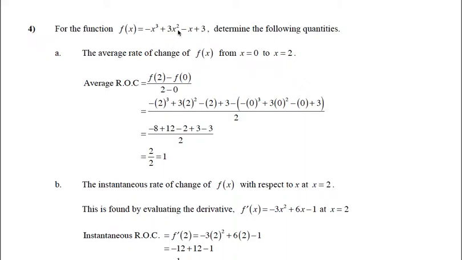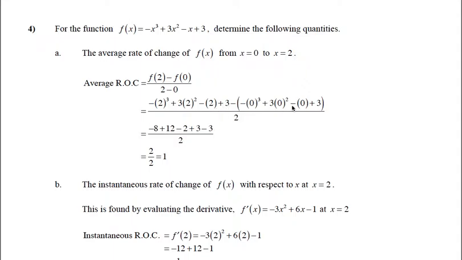Once you've squared this value, then you multiply it by 3 and add. And then, of course, the negative just applies to the 2 here, negative 2. And so 2 cubed is 8, so this is negative 8. 2 squared is 4. 3 times 4 is 12. Minus 2 here, and plus 3 here.